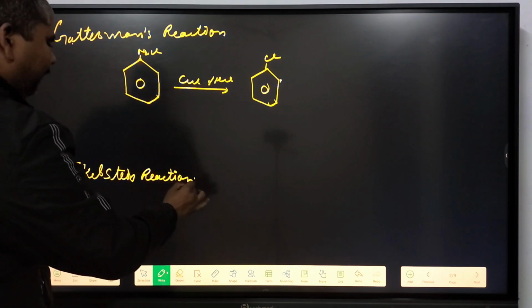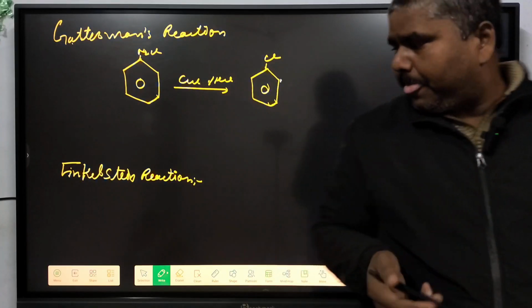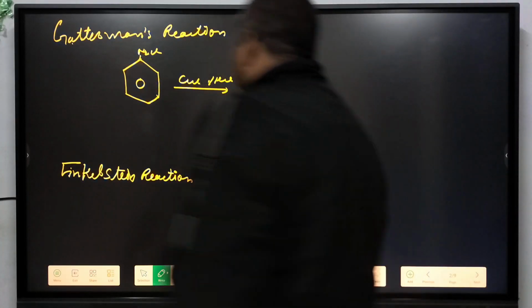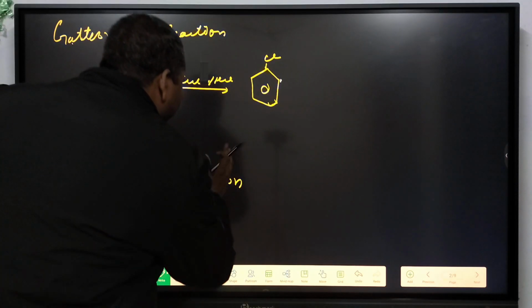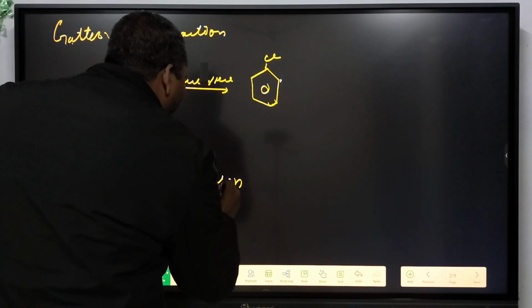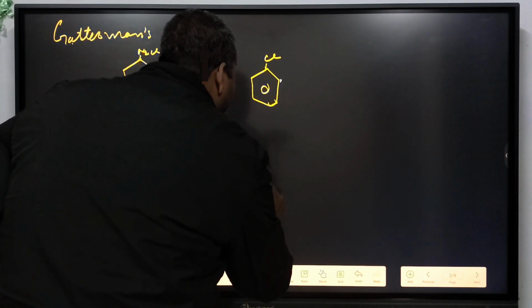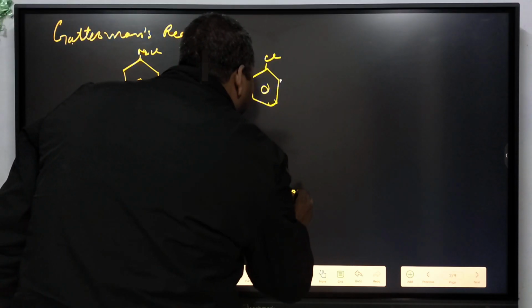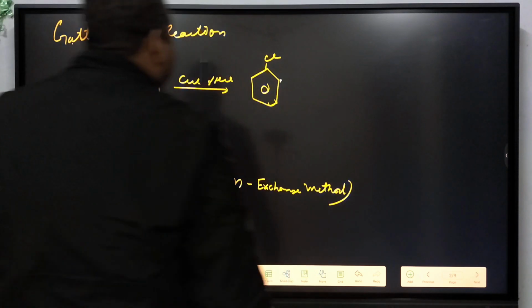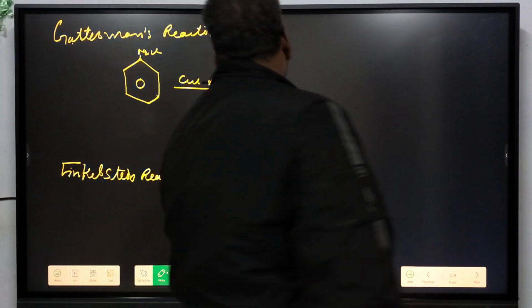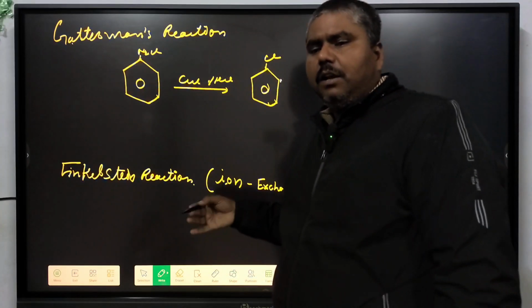Again, the Finkelstein reaction. Finkelstein reaction is also known as ion exchange method. In this reaction, the iodoalkane is obtained.